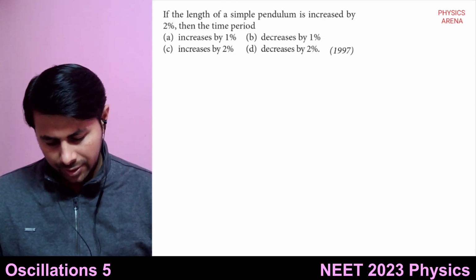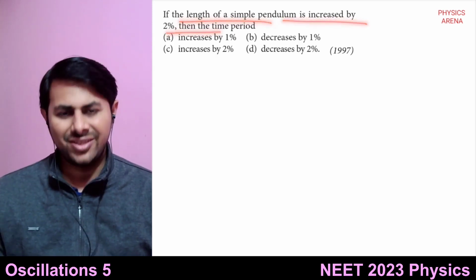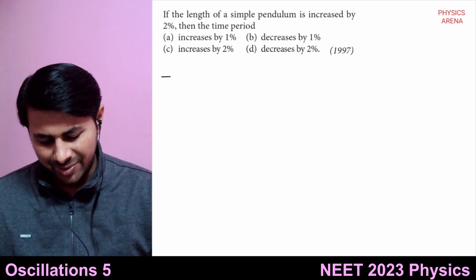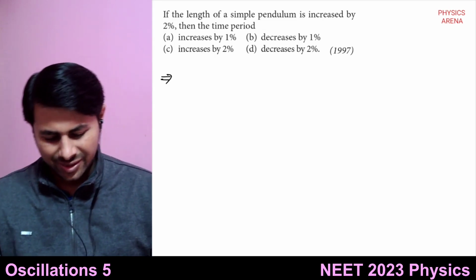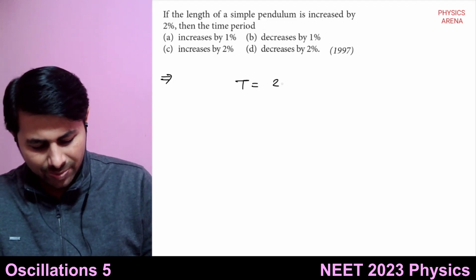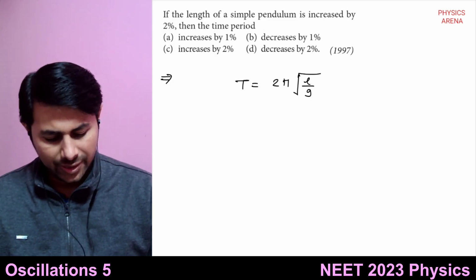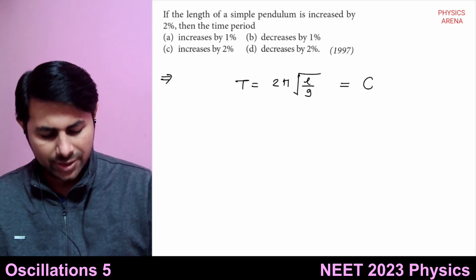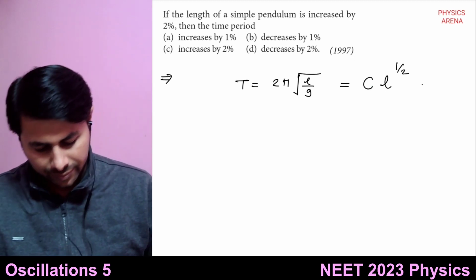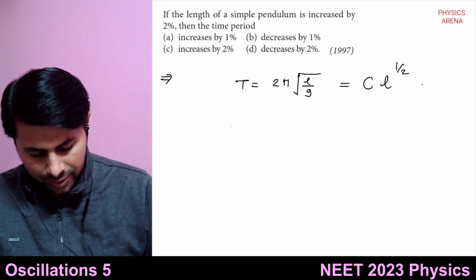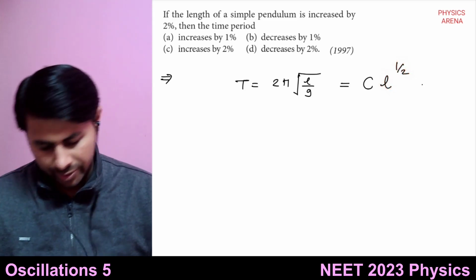Let's see the next question. If the length of a simple pendulum is increased by 2%, then the time period. So very simple. Actually, we have seen this in units and dimensions. T equals 2 pi root of L upon G, or you can say it is equal to some constant multiplied by L raised to half. Therefore it depends on L to the power half.